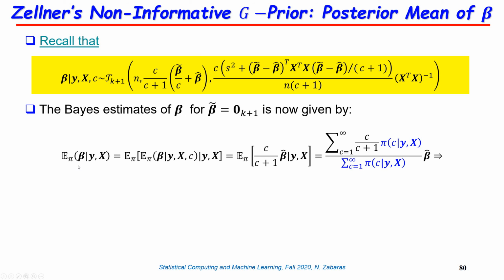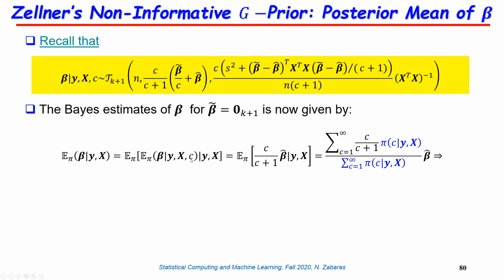So for example, I can write the mean of the marginal of beta. This is the posterior, but there is no C here, right? So this is my Bayes estimate for beta. I can write this as the expectation with respect to the parameter C of the expectation of beta given C. All right?